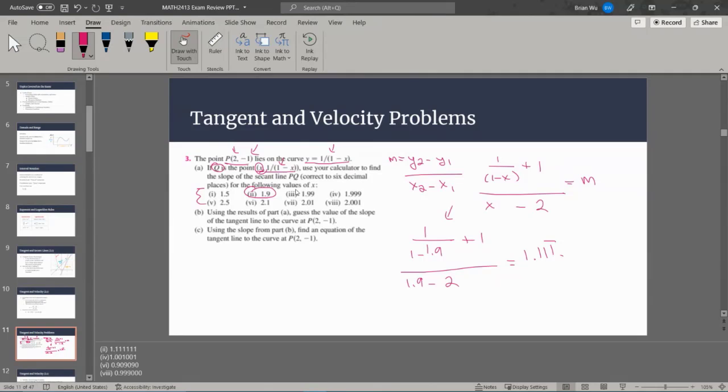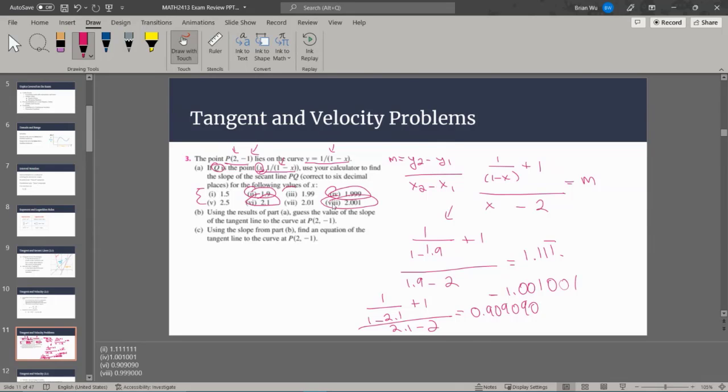If you try it with other values, for let's say 1.99, you do the same thing and you get approximately 1.0101. Same thing with 1.999. If you plug in 2.1 into the equation, you get an approximate slope that's very close to 1, and that would be 0.909090.